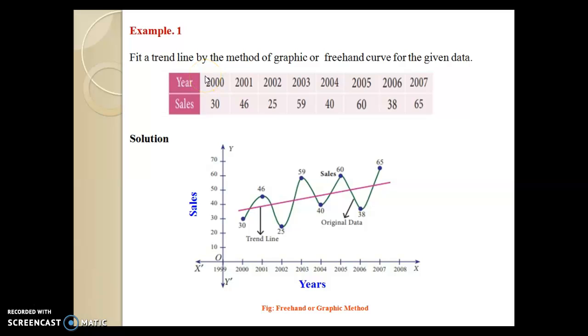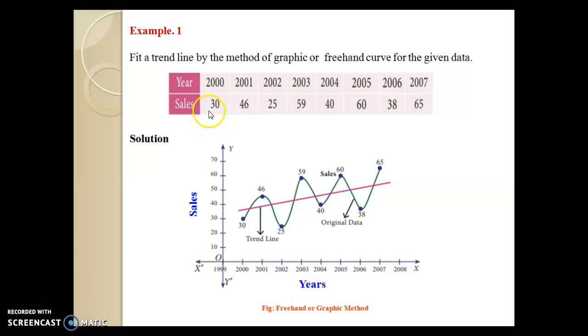As per the procedure, here we take years on the x-axis and sales on the y-axis. If we observe this data, the sales of 2000 is 30,000 and so on up to the year 2007, where the corresponding sales is 65.